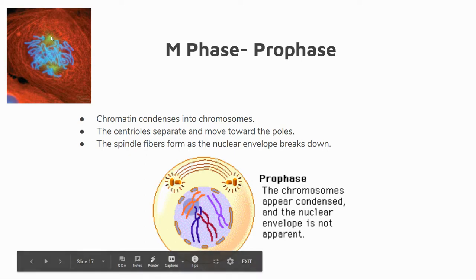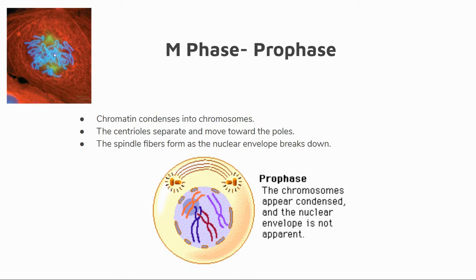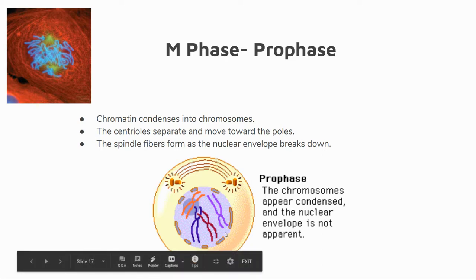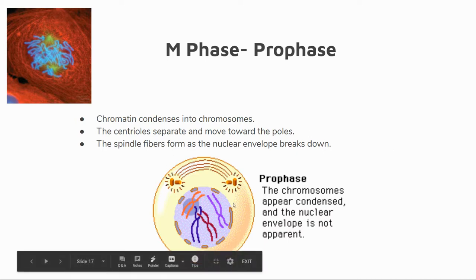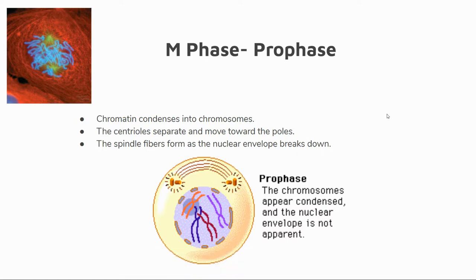If you look up here at a dyed live color of a cell, these green, which look like starlights or laser beams, are the centrioles. Okay, the nuclear envelope begins to break down. Okay, and then spindle fibers, which are a form of cytoskeleton we talked about, begin to form as well. So if you want to pause this video, draw this in your notes, I would suggest it.